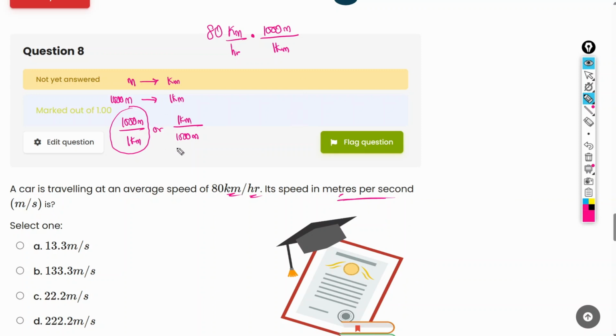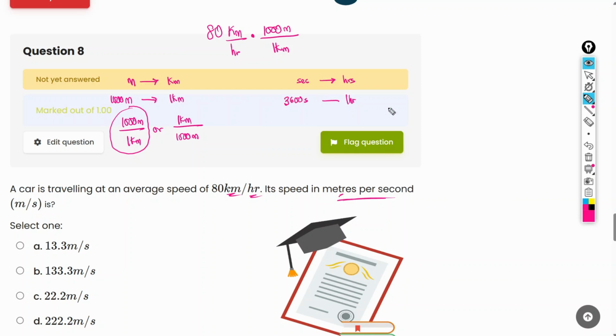Now let's do hours. Let's see how we can convert hours to seconds. 1 hour would be 3,600 seconds, that would be 60 times 60.